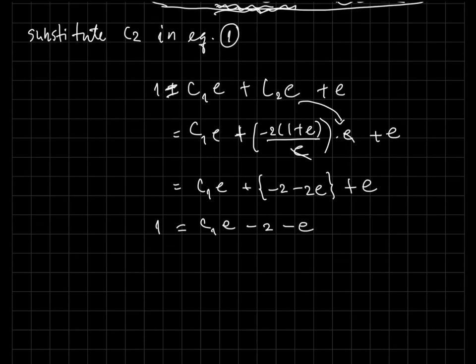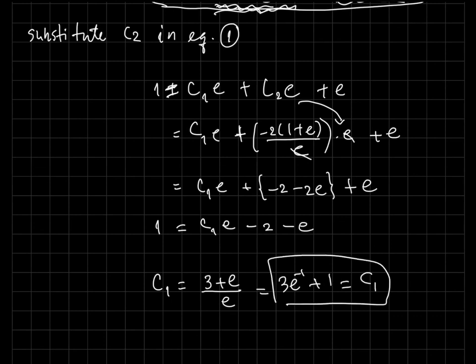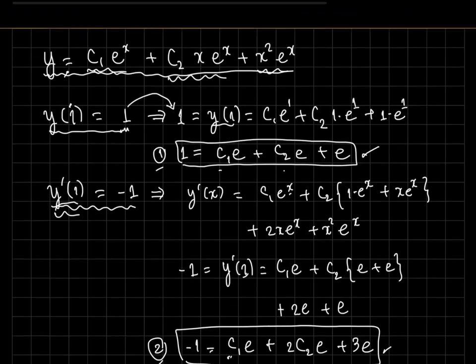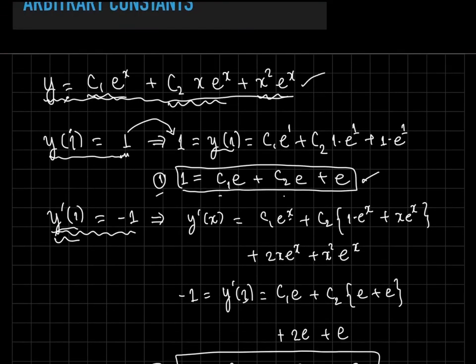And if we just rearrange that again, we get c sub 1 equals 3 plus e over e, or 3 times e to the minus 1 plus 1. And this is our c sub 1. And so we now have values for c sub 2 and c sub 1. And if we just substitute that in the original equation, we get the particular solution for this problem.